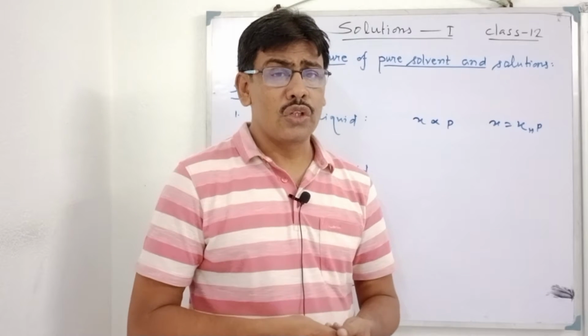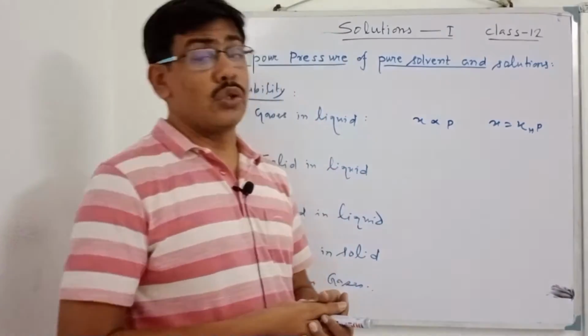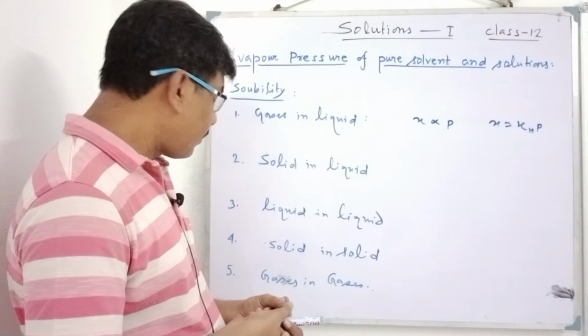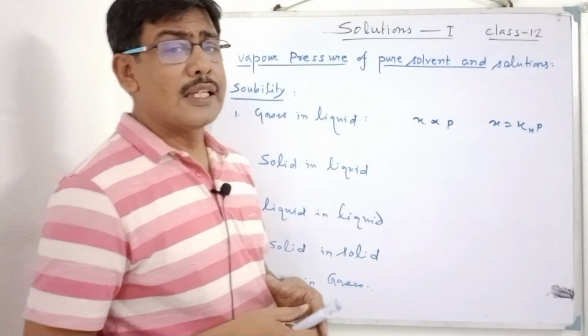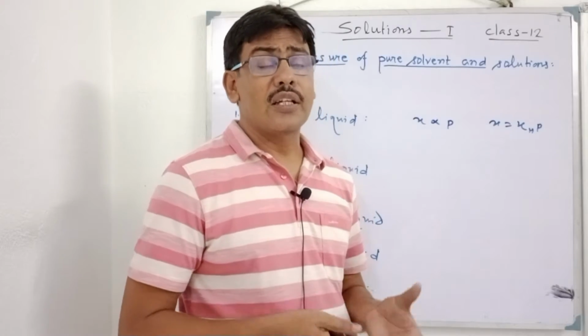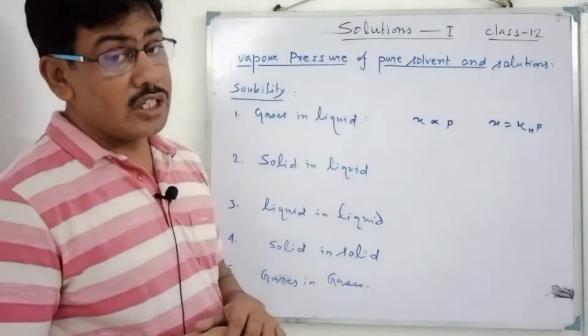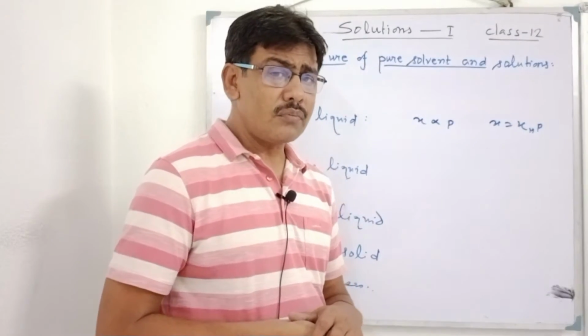For example, bronze or duralumin or any other alloys are solid solutions. If you mix a gas with another gas, then a gaseous mixture is obtained. This is known as a gaseous solution.